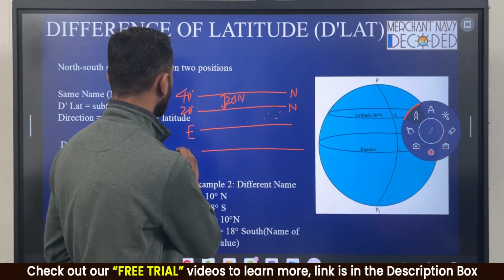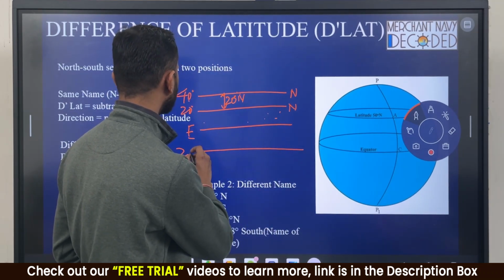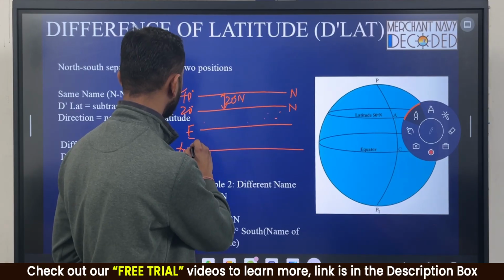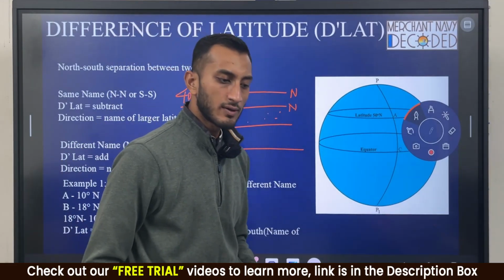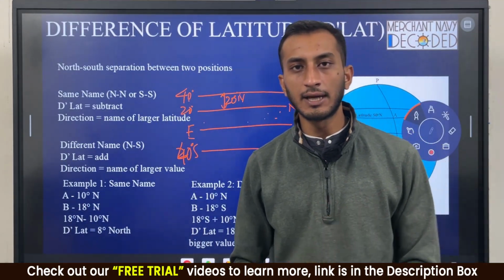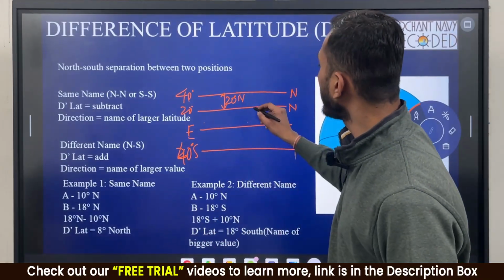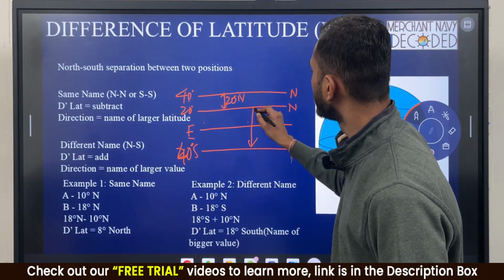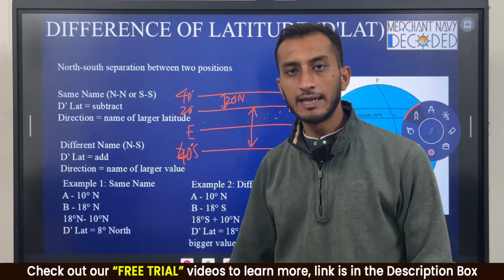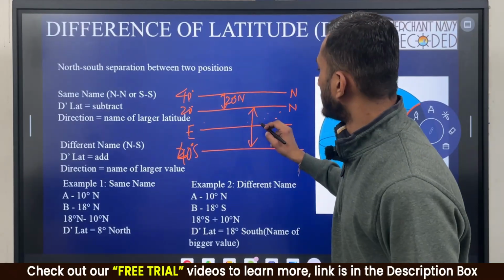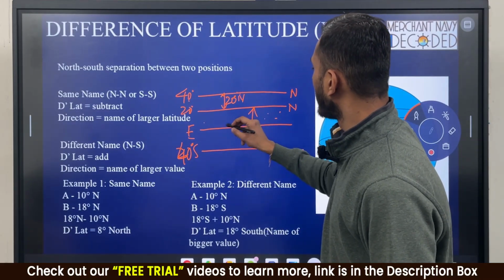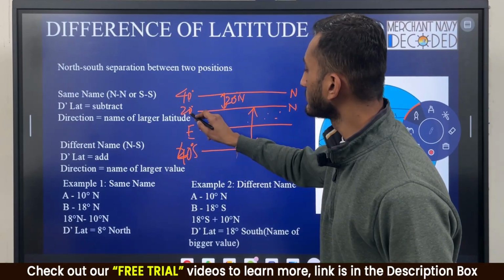Another latitude which is 40 degree south. Now I need to find the D-lat over here. This is the greater value, this is the smaller value.